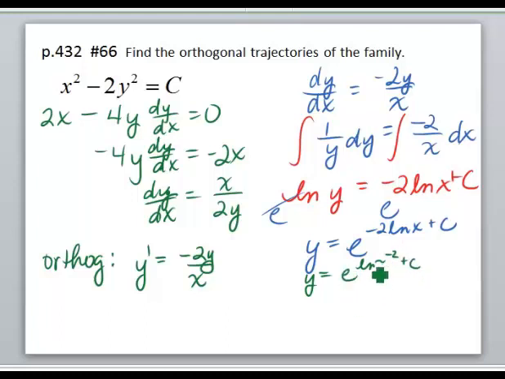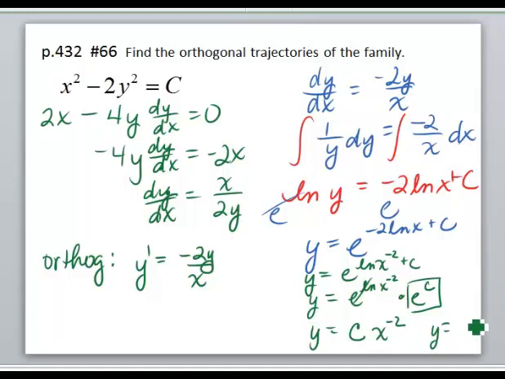Then I could say y equals e to the ln x to the negative second times e to the c. Remember, that creates that big C. And then these cancel, and so I get x to the negative 2. So the orthogonal family for this would be y equals C all over x squared.